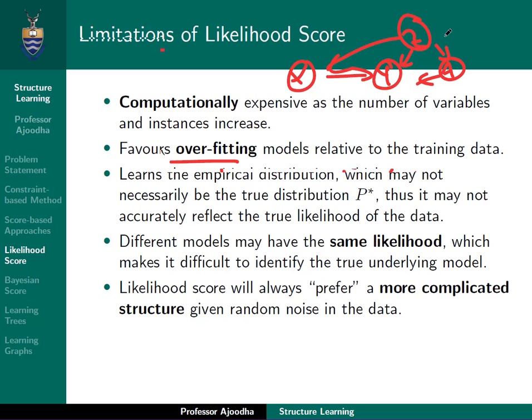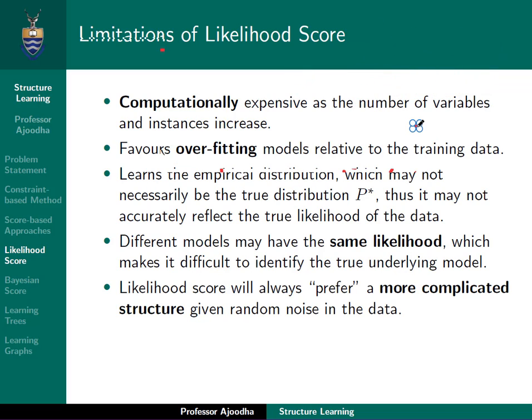It'll pick the best arrows, but it'll keep adding arrows until everything is connected to everything else, as long as it's acyclic, since this is a directed acyclic graph. So in other words, it's going to overfit. It's going to have so many errors, and we're going to have to learn those errors.